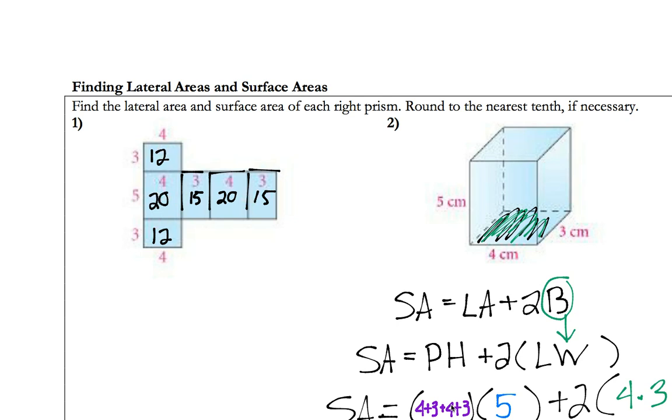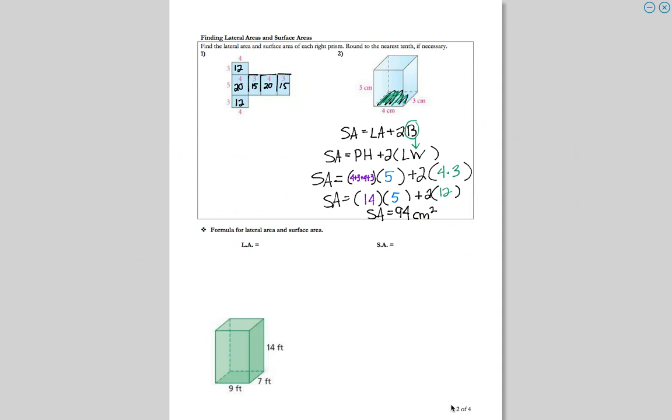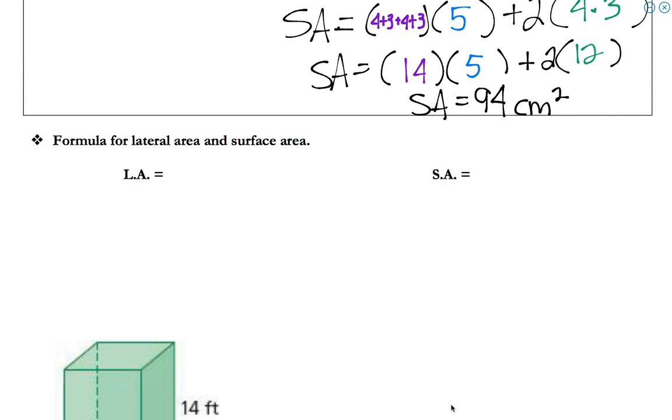Here comes the 24. So lateral area, one more time. Formula, perimeter times the height. Surface area is the lateral area plus the 2 bases.